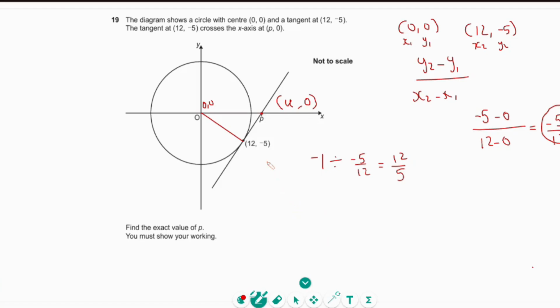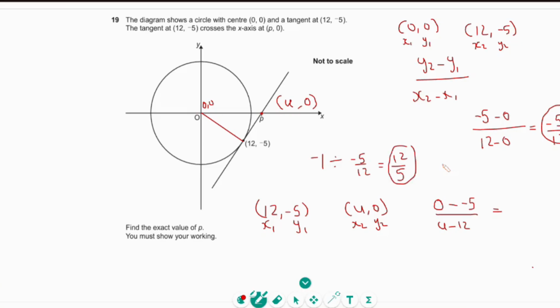So I know the coordinate here, and this coordinate here is unknown. So we'll call it x1, y1, x2, y2. I know 0 minus 5 over u minus 12 is equal to the gradient of the tangent, 12/5. We simplify.